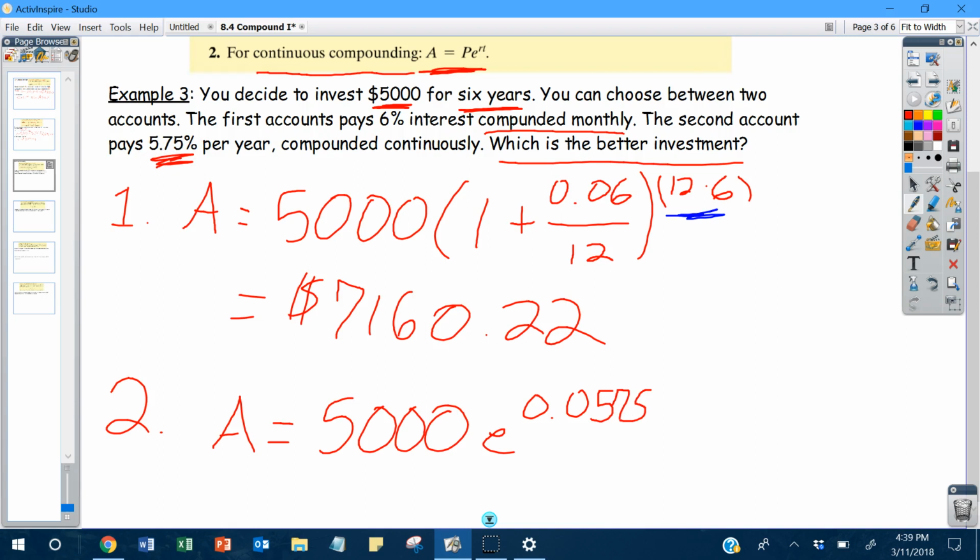Change that to a decimal, and then multiply that times the number of years I'm investing, which is 6. So I'll do this in the calculator too. The e is in the calculator. If you do second log, you have the e to the power thing. And just make sure that these two numbers are multiplied in parentheses in your calculator so that the order of operations will work out well.